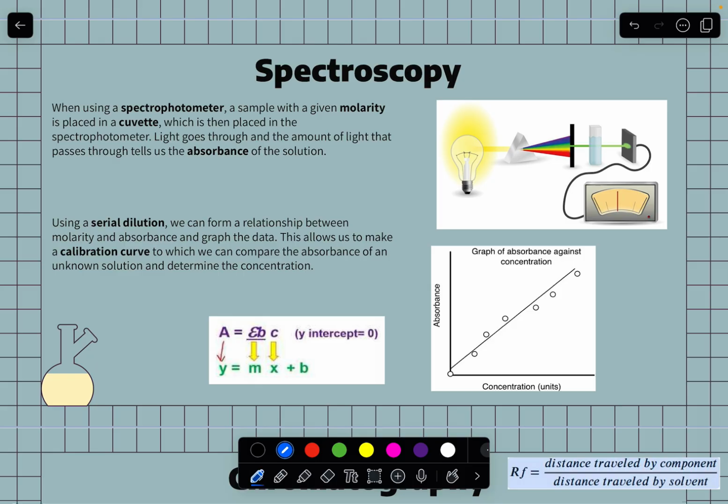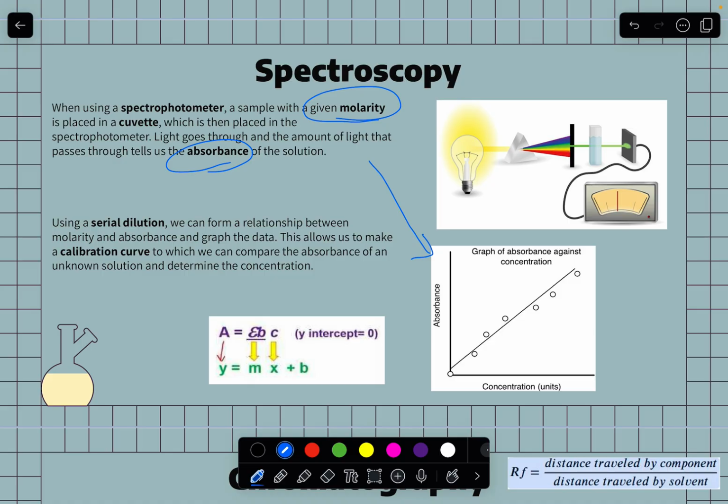The way we do this is, remember, a spectrophotometer. You're using a given molarity, you know your molarity, and you're determining the absorbance. You can do this for a set of data. You can get multiple different molarities that you know, and you can graph them to form a relationship.